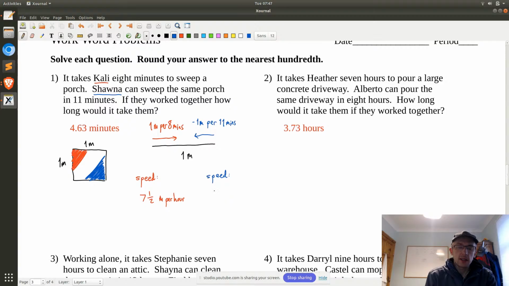What's their speed? They're going at -1 meter every single 11 minutes. And how many 11 minutes are there in an hour? Well, there's 5 of them, and then 5 over 11. So like 5 and 5/11ths of a meter an hour, something like that.